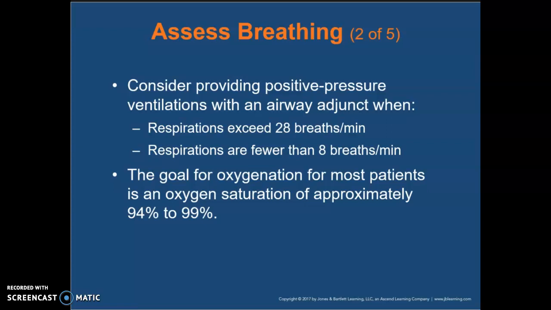They can't take deep, normal breaths because they're breathing so fast. On the contrary, if they're breathing under 8 times a minute, they may be allowing their lungs to fill because they've got more time now, but they're not breathing often enough to get enough oxygen in their body to take care of everything that their cells need to take care of.